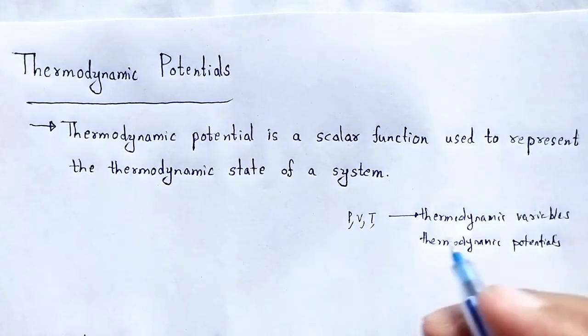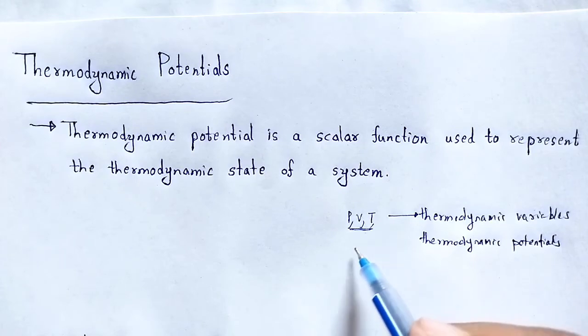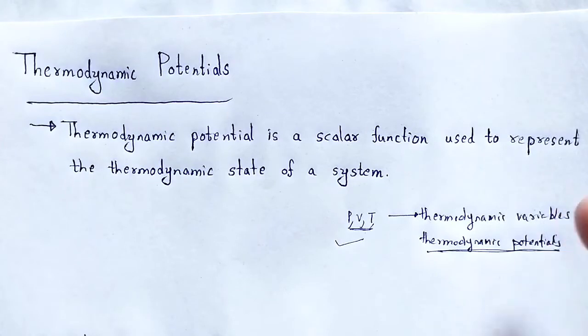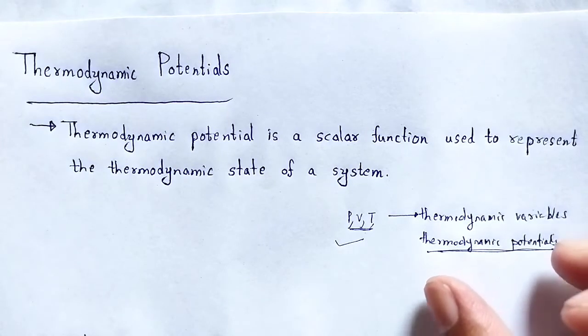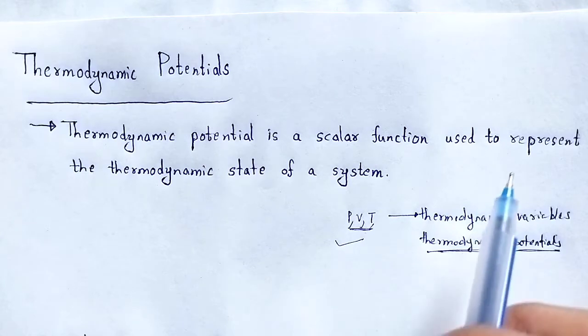Thermodynamic potentials means combining these thermodynamic variables, we get another term which is known as the thermodynamic potentials. With the help of these thermodynamic potentials, we get additional information concerning the thermodynamic system.